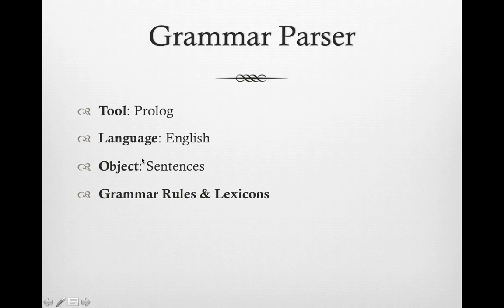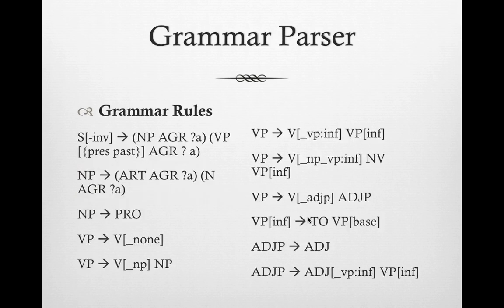The language to be parsed in this project is English, and the input for the grammar parser is English sentences. There are grammar rules and lexicons. These two are important parts of the grammar parser in my project. Here are some of the grammar rules I implemented in my program.